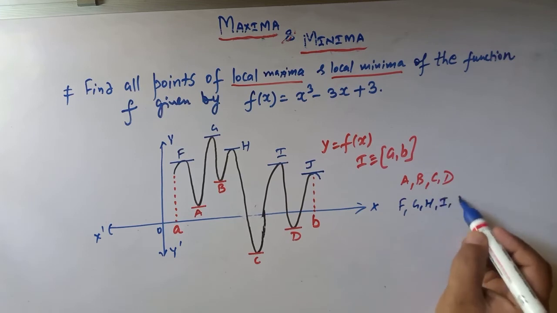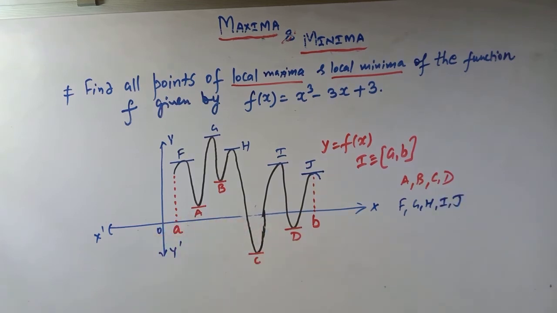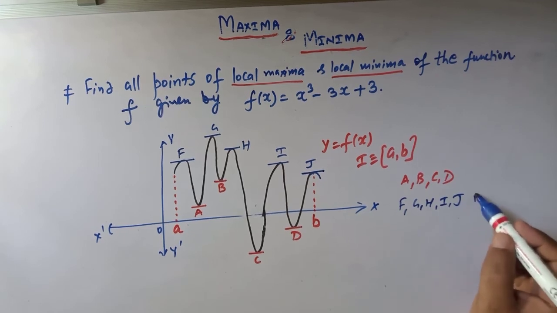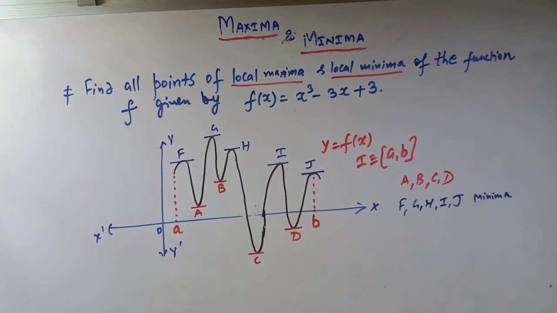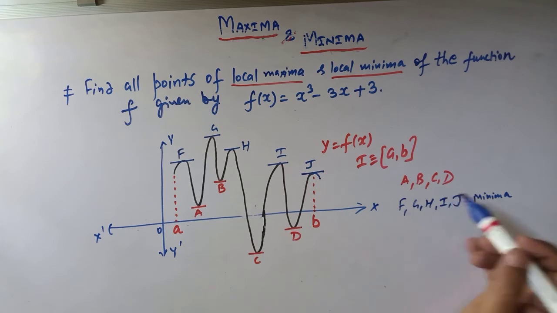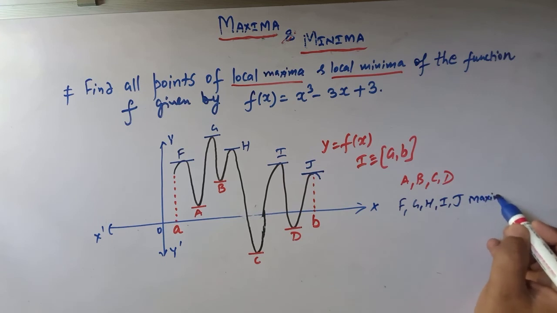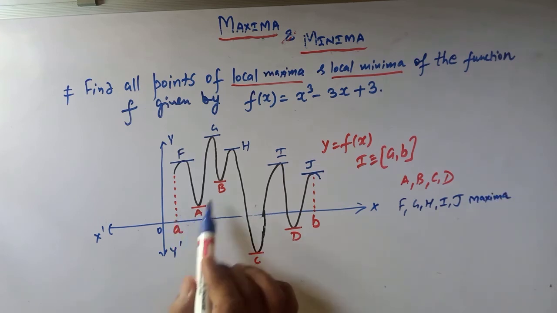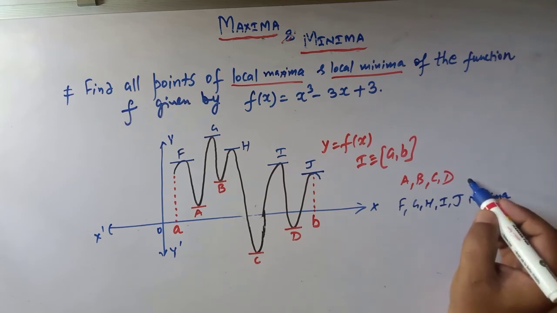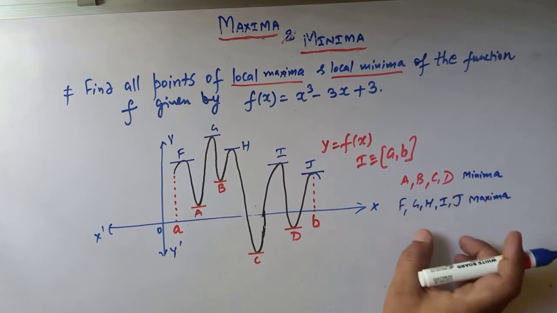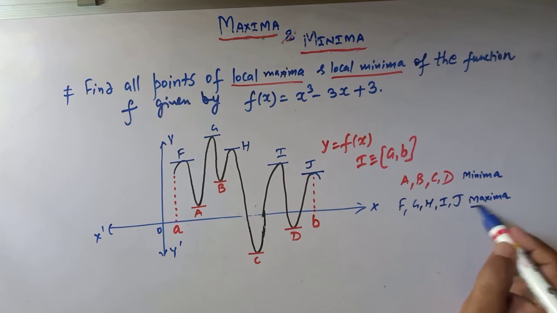These points are known as the points of minima, and these points are known as the points of maxima. So A, B, C, D are the points of minima, and F, G, H, I, J are the points of maxima.